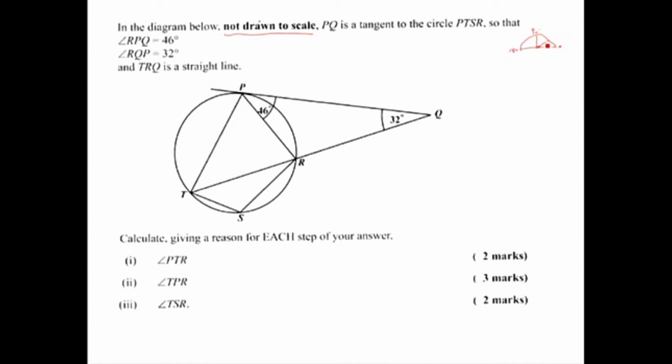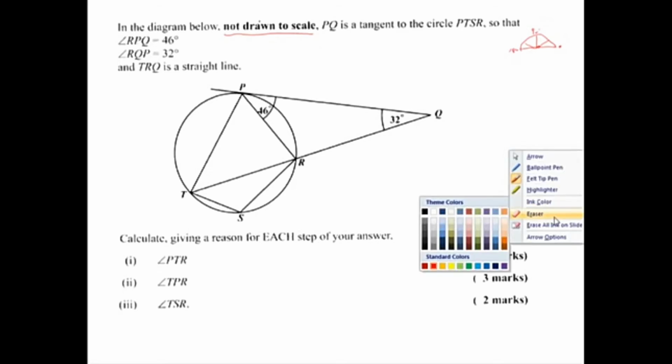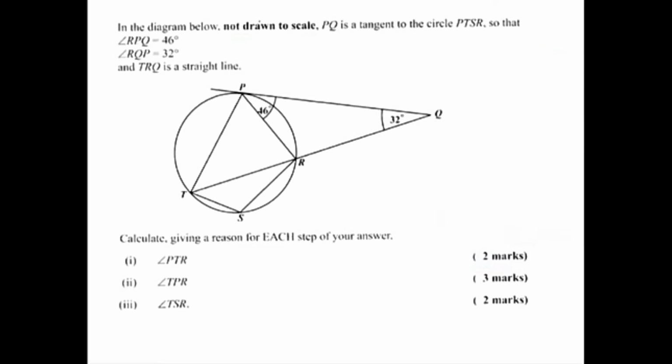We can't use this device to measure the angles that they're asking us about, angle PTR. Why can't we use the protractor? Because this diagram is not drawn to scale. So we have to be careful about trying to use a protractor to draw that.